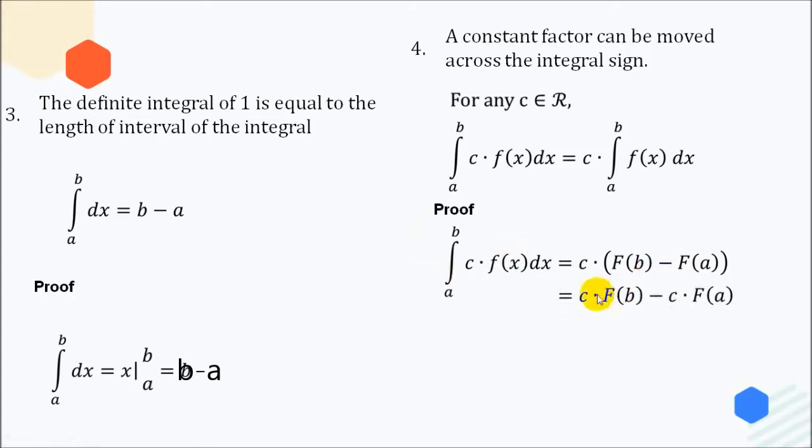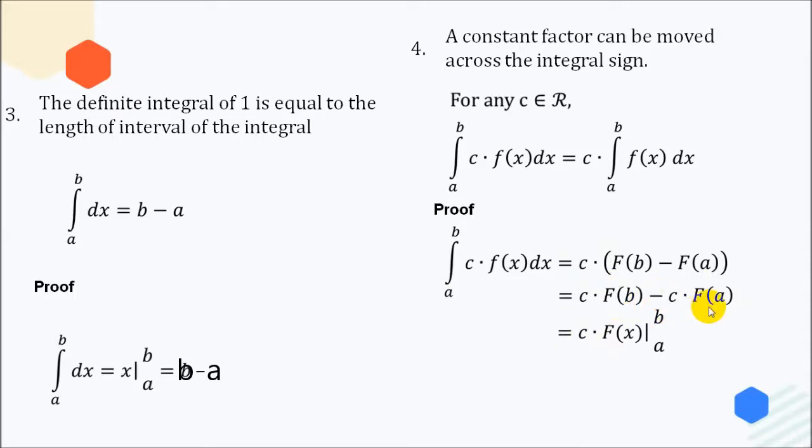From here we multiply c with F(b) and c with F(a), so we get cF(b) minus cF(a), and then we can take c in front, so we have c times F(b) minus F(a).